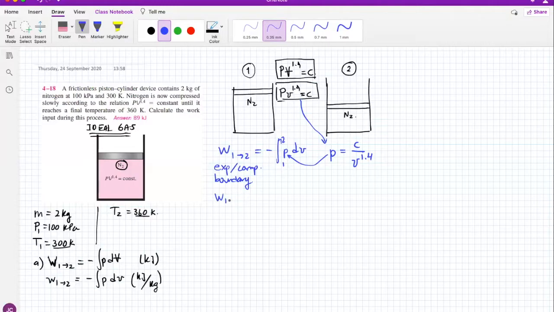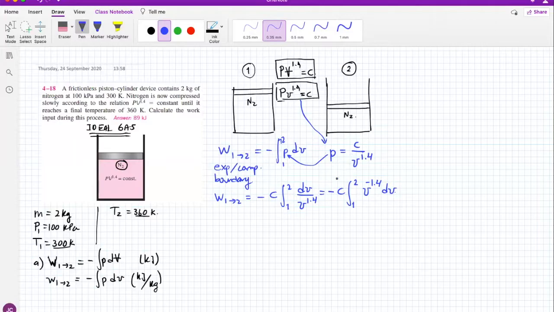So my expression for the specific work has to be this, minus the C comes out of the integral. I'm doing this in just one step. And when you go from 1 to 2, what you will get inside is dV divided by V^1.4, which is also, let me just rearrange it a little bit, the integral from 1 to 2 of V^-1.4 dV. Okay, so this is what I get.